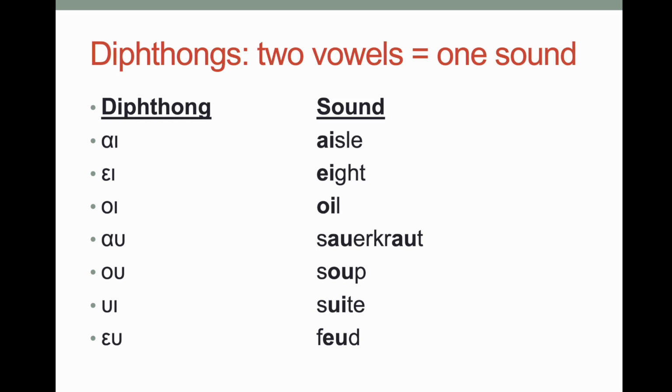If you see an alpha upsilon, it will make an ow sound like sauerkraut. If you see an omicron upsilon, you'll have an oo sound like soup. If you have an upsilon iota, it'll make a whee sound like sweet. And finally, if you see an epsilon upsilon, it will make an oo sound like feud. Notice that all these letter combinations either have an iota as the second one or an upsilon. Okay, so those are your diphthongs.